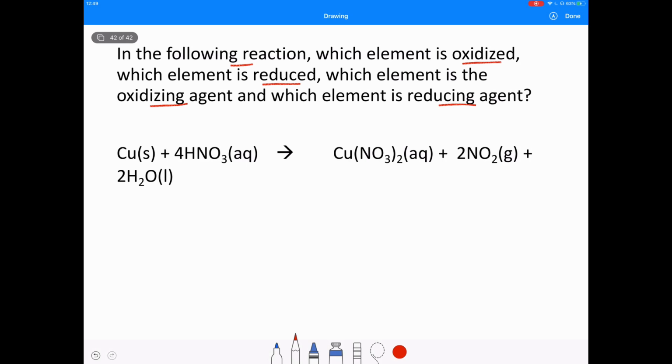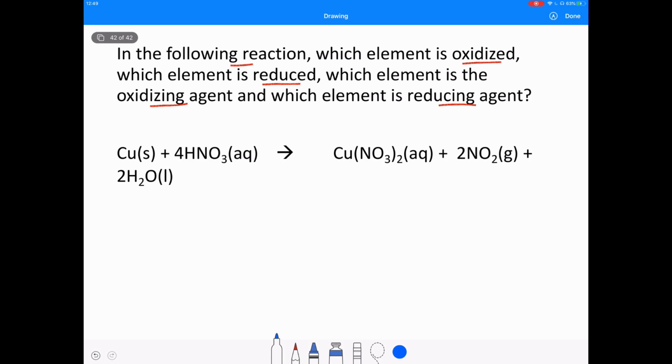Okay, so we are given a reaction here, and to find out which element is oxidized and reduced, we're going to assign each element an oxidation state. And then we're going to look at, okay, from the left side of the reaction to the right-hand side, that means from reactants to products, which element gained electrons and which element has lost electrons. That's what we are going to do.